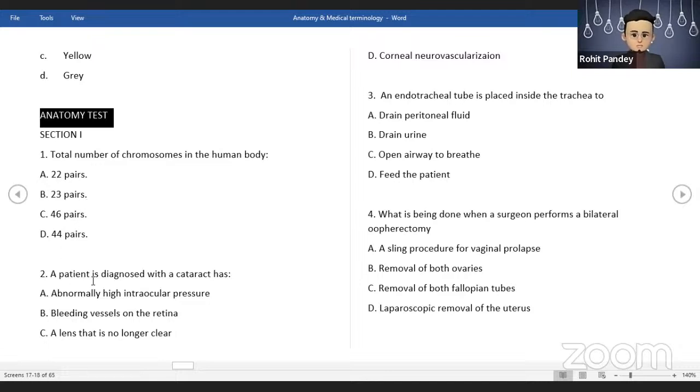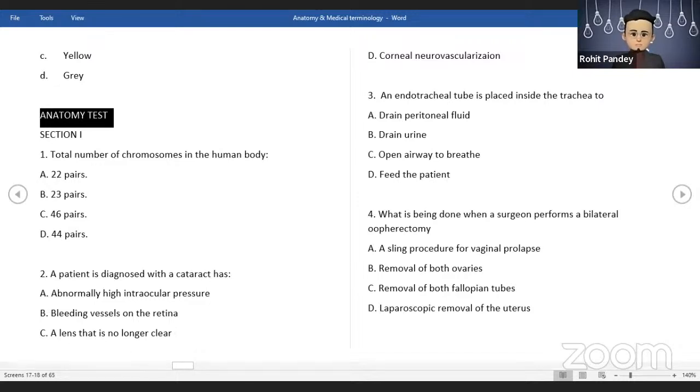A patient diagnosed with a cataract has which abnormality: high intraocular pressure, bleeding vessels on the retina, a lens that is no longer clear, or corneal neovascularization. So the answer is A lens that is no longer clear.